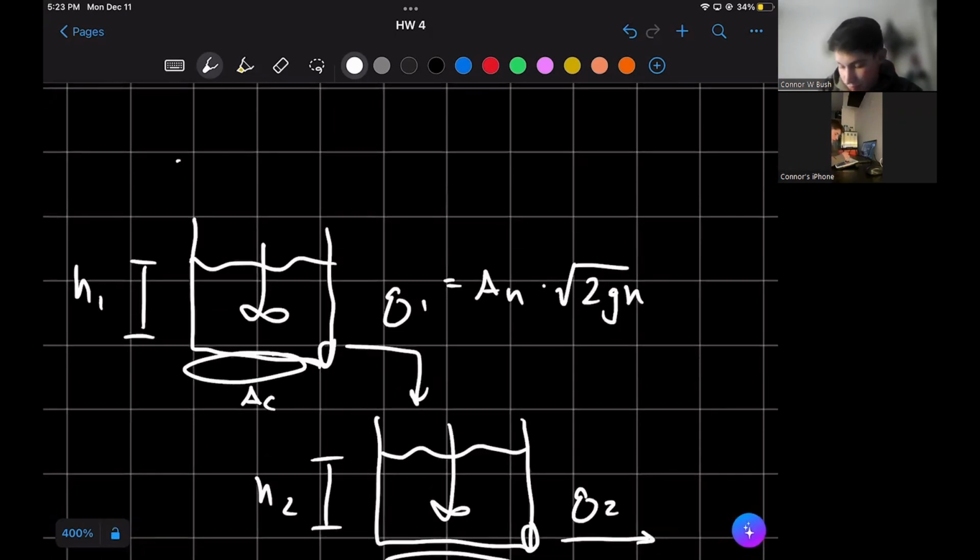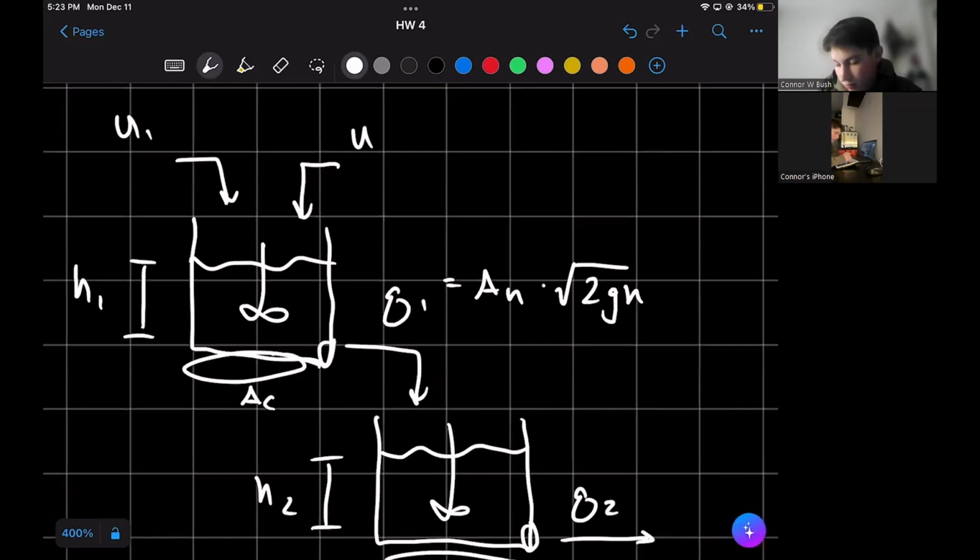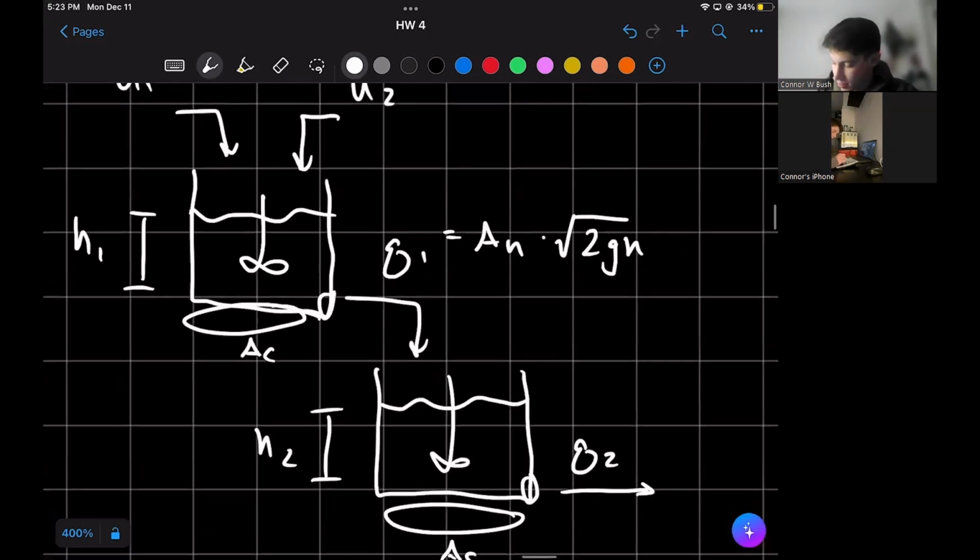Tank 1 has a flow rate going in of U1 and another feed of U2. And then tank 2 has this external feed of U3 coming in, as well as Q1 pouring into tank 2 from tank 1.